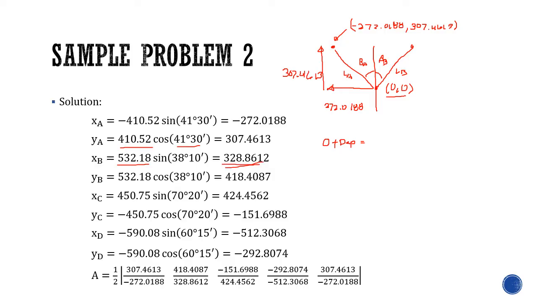So the x coordinate of B is 328.0812. Bakit positive? Kasi going to the east siya.